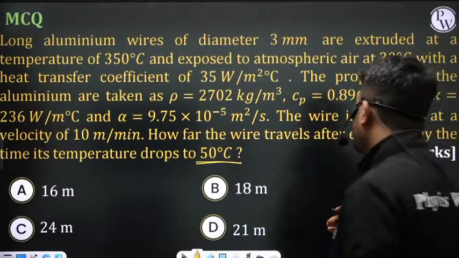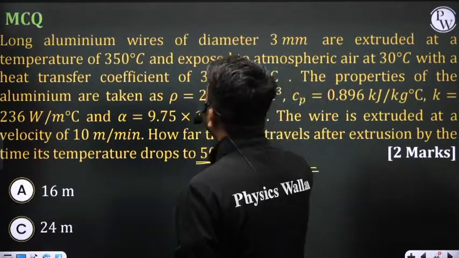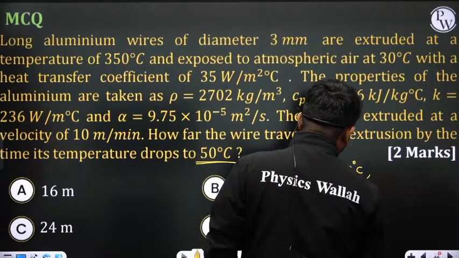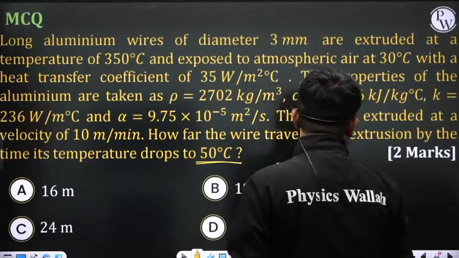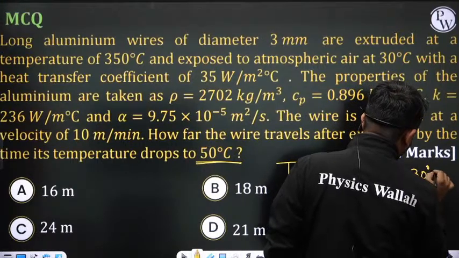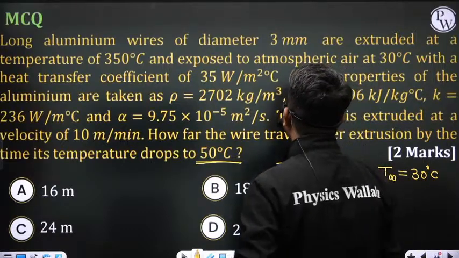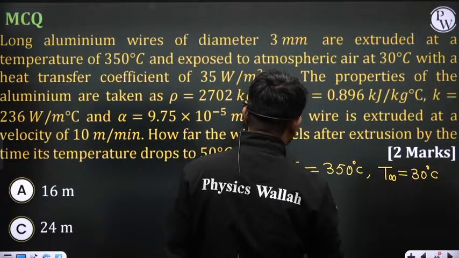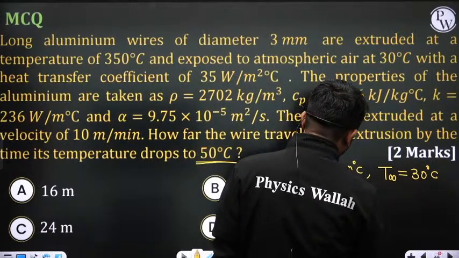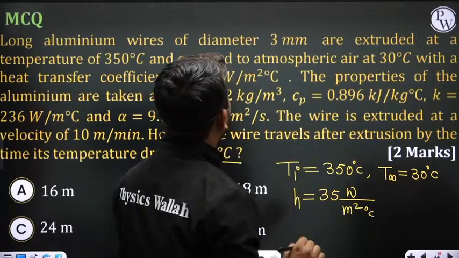So the initial temperature of the wire is 350 degrees Celsius, and the ambient temperature is 30 degrees Celsius. The value of h, the heat transfer coefficient, is given as 35 watt per meter square degree Celsius. Correct.